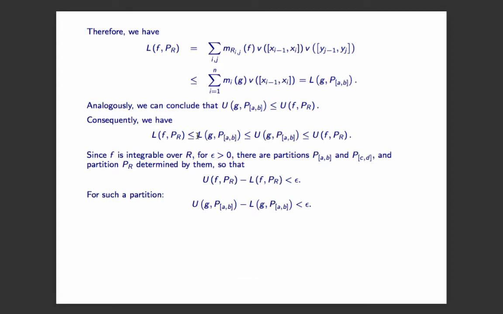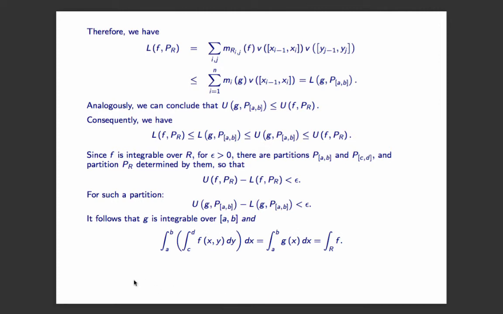And because my upper and lower sum for g is sandwiched in the middle, the difference between my upper sum and lower sum of g for that same partition on a to b is also less than epsilon. So it follows that g is integrable over a to b.